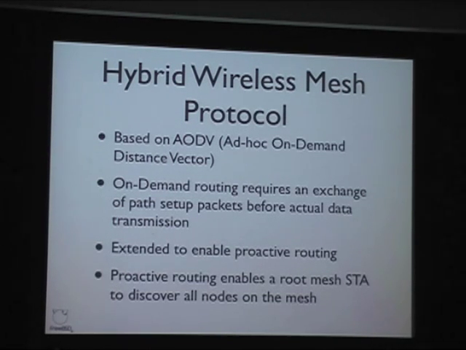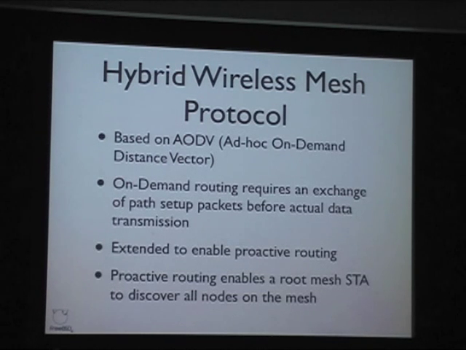So if this node is nearby a root mesh station, the root mesh station has a big routing table and can tell the new node very fast which destinations the new node wants.